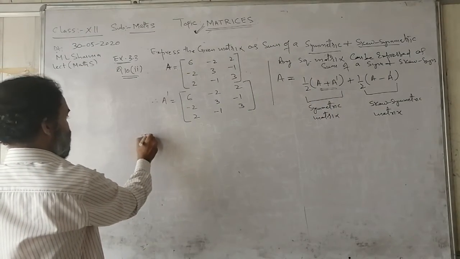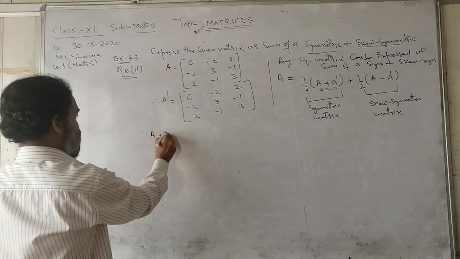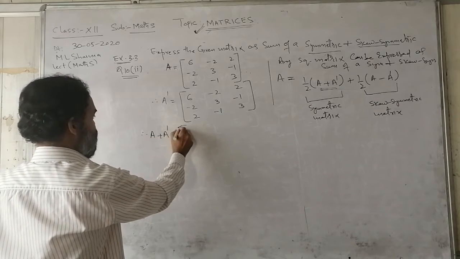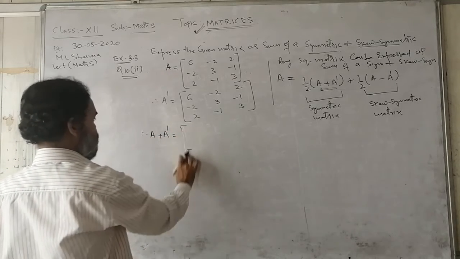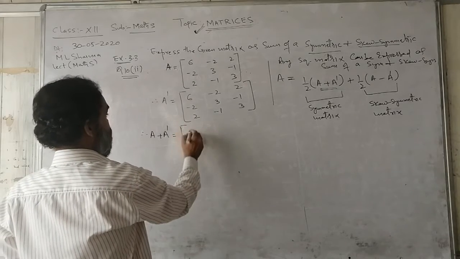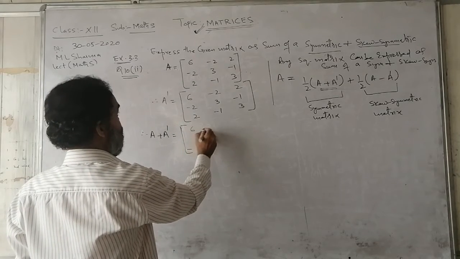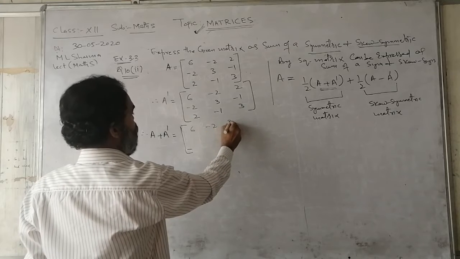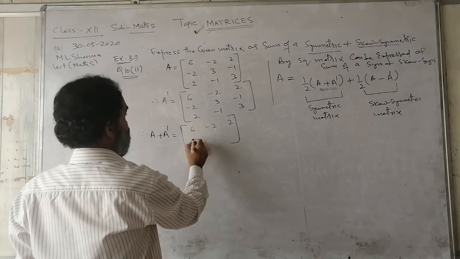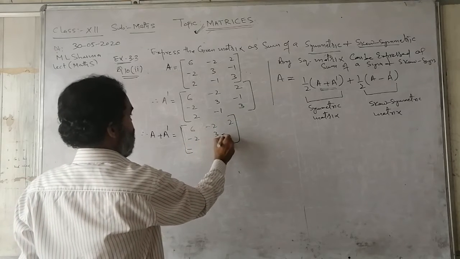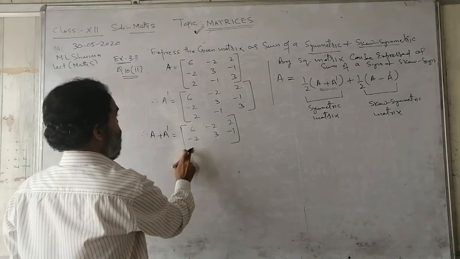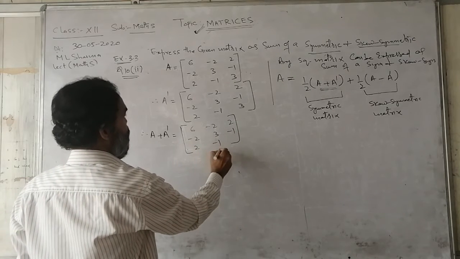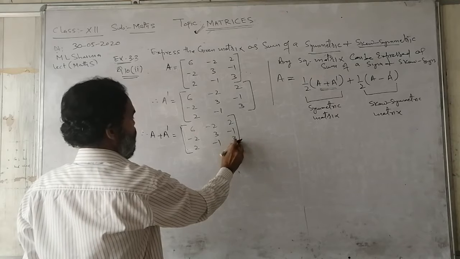So therefore A plus A transpose will equal to, writing elements, 6, -2, 2, then -2, 3, -1, then 2, -1, 3.